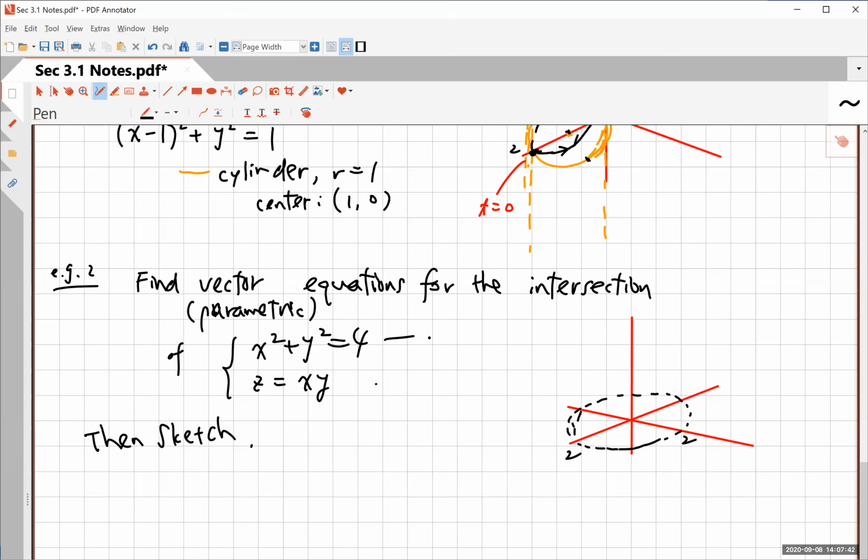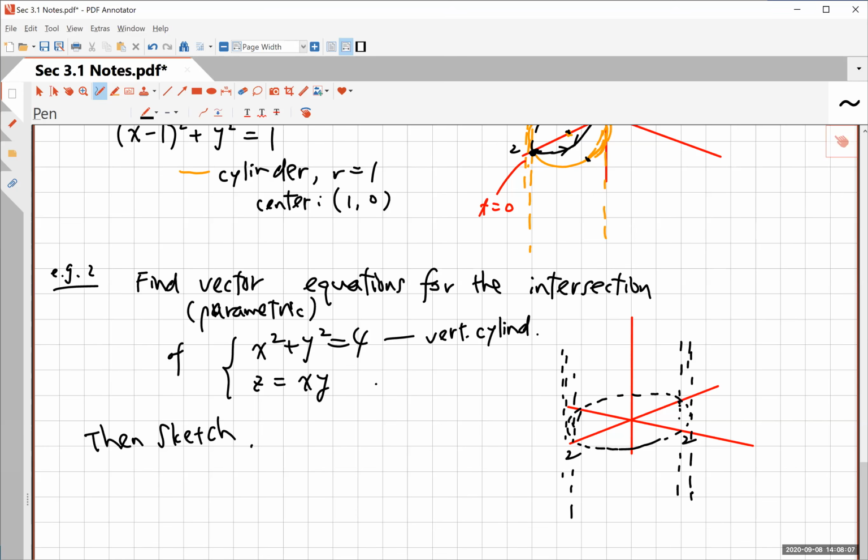Okay, again, you know this is a vertical circular cylinder of radius 2. That's what I am just about to draw here. It'll look like this. Here's a point that goes through the negative x-axis here, and this is as far as you can go. And z is x times y.